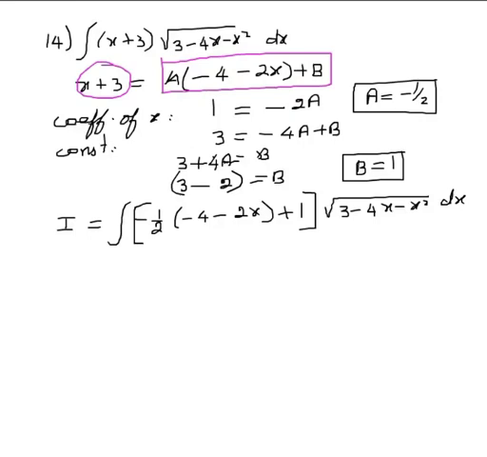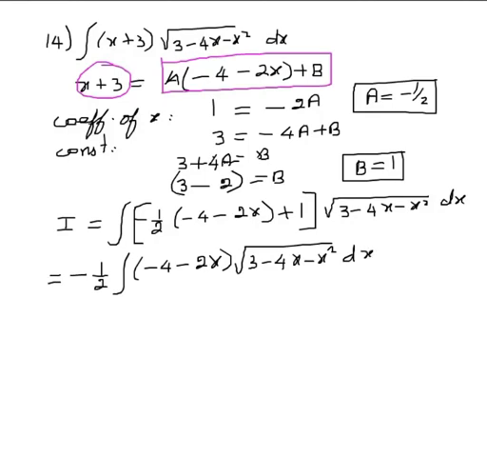Let us distribute. First term is minus half integral minus 4 minus 2x. Don't simplify this bracket. Don't take minus 2 common. Into root of 3 minus 4x minus x square dx.